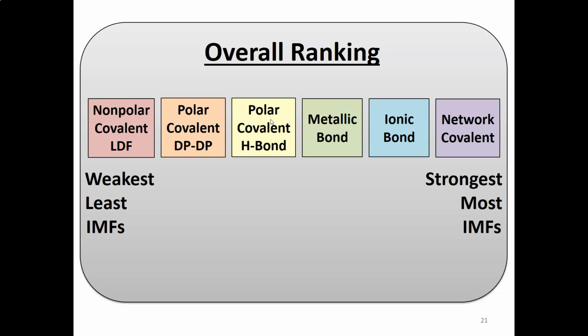So if I ask you to rank things based on IMFs, you're going to take it at face value and you're just going to rank them like this. You're going to look at the structure, you're going to decide what type of IMF it has, and then you use that to rank them. If you start looking up things like boiling points online, you may get all confused.